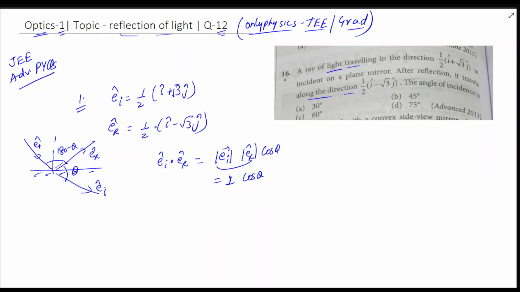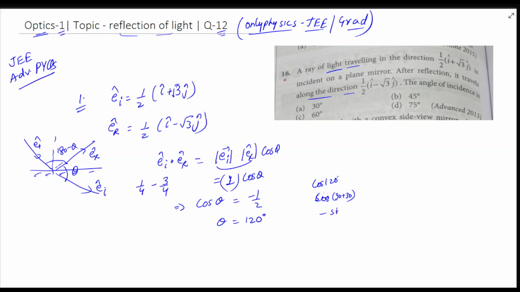So let's find them. If we take the dot product, we will get 1 by 4 minus 3 by 4. So that turns out to be cos theta equals minus 1 by 2. So theta will turn out to be 120 degrees, right? I mean, you can write cos 120 as cos of 90 plus 30, right?